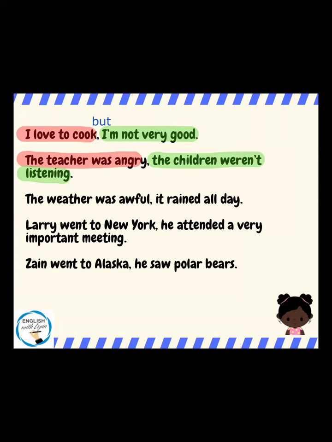So the children weren't listening is the reason that the teacher was angry. So I could say the teacher was angry because the children weren't listening. Or because the relationship between the two main clauses is very similar, I could have a semicolon in there. But I think I would probably go with a because.